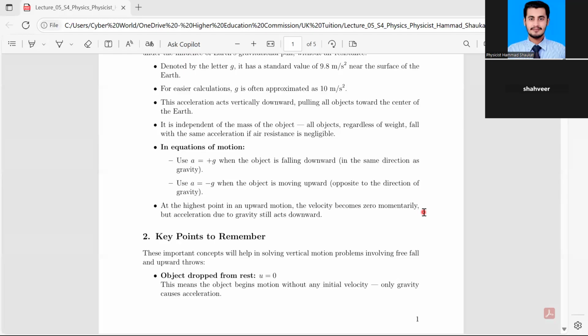Again, it attains velocity, but at the highest point, your velocity becomes zero for a while. And when it becomes zero, gravity acts on your ball, so the ball again moves downward, because gravity now pushes the ball downward. That's why bodies fall downward after you move upward.